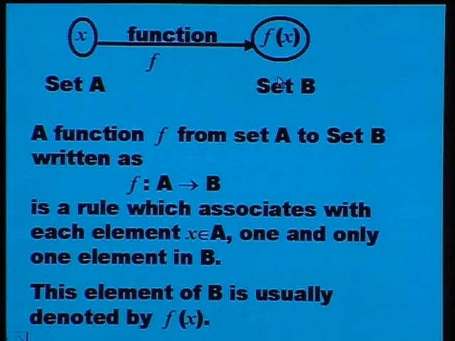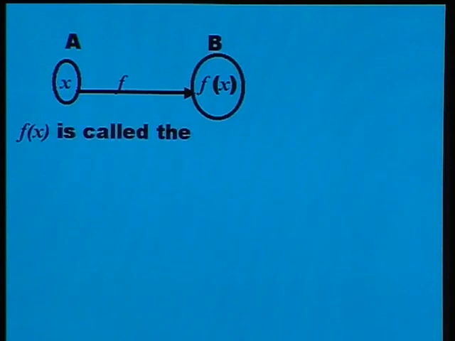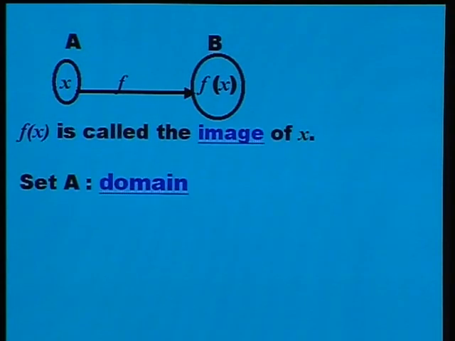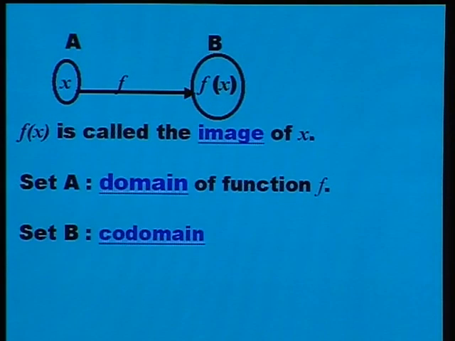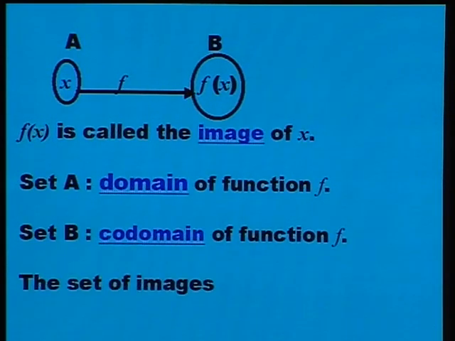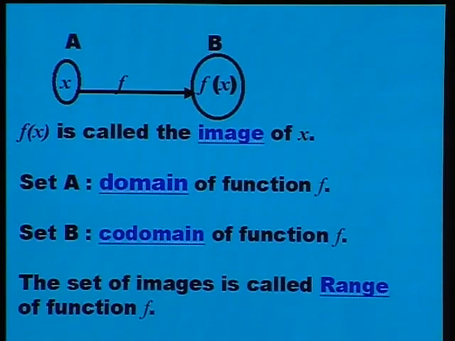Associated with functions, there are other important sets which we will define now. f is a function from set A to set B. f(x) is called the image of x. Set A itself is called the domain of the function f. Set B is called the codomain of the function f. The set of images is called range of f.